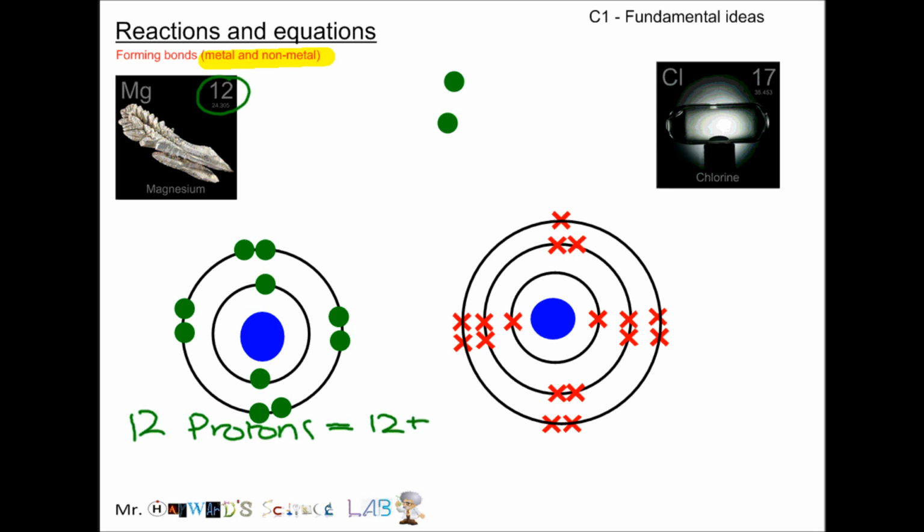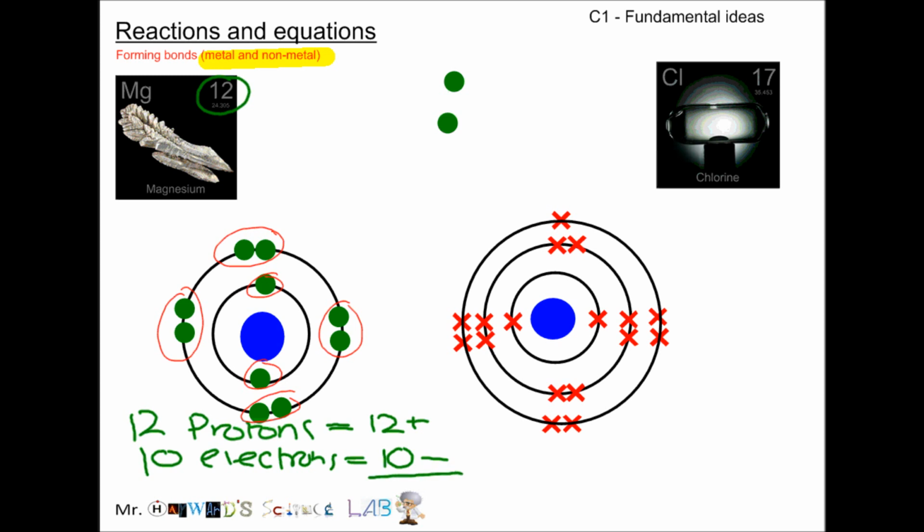However, it had 12 electrons originally, but now, because it's lost 2, it's only got 10 electrons. So, 10 electrons, each one giving a negative charge, means you've got 10 negative charges. You cancel the tens out, and you're left with 2 positive charges.